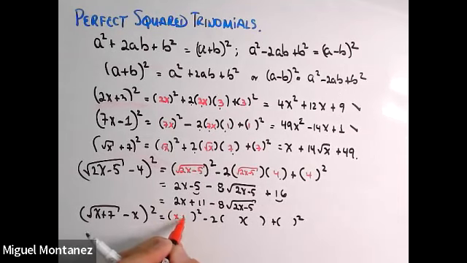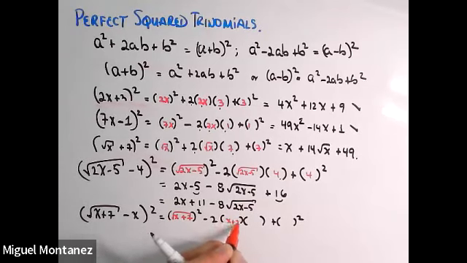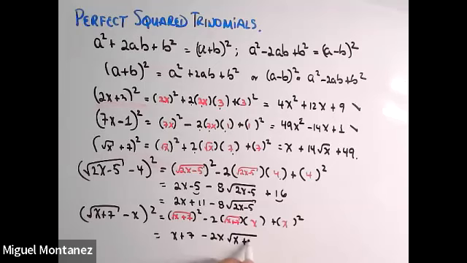A in this case will be the square root of x plus 7, so a squared is x plus 7. Then negative 2 times x, so minus 2x radical x plus 7, plus x squared. And that'll be it.